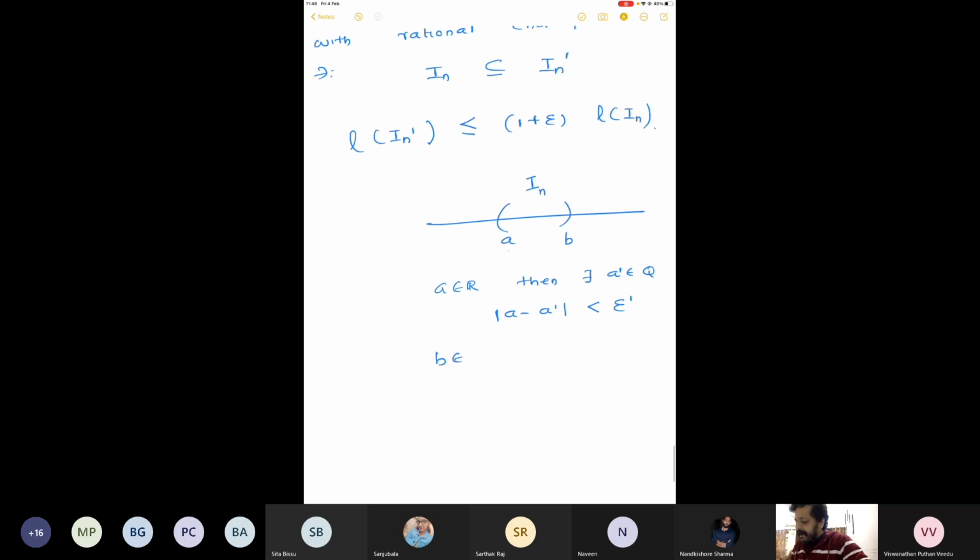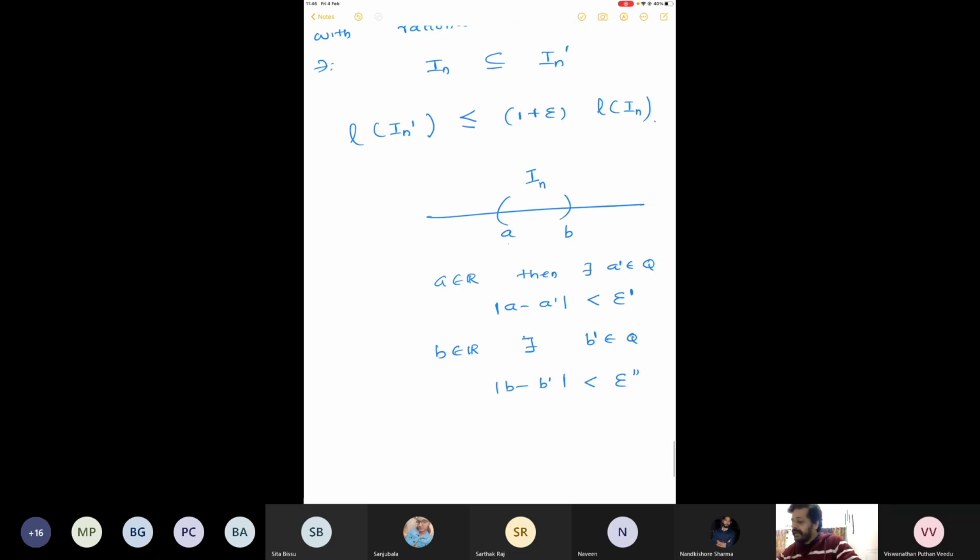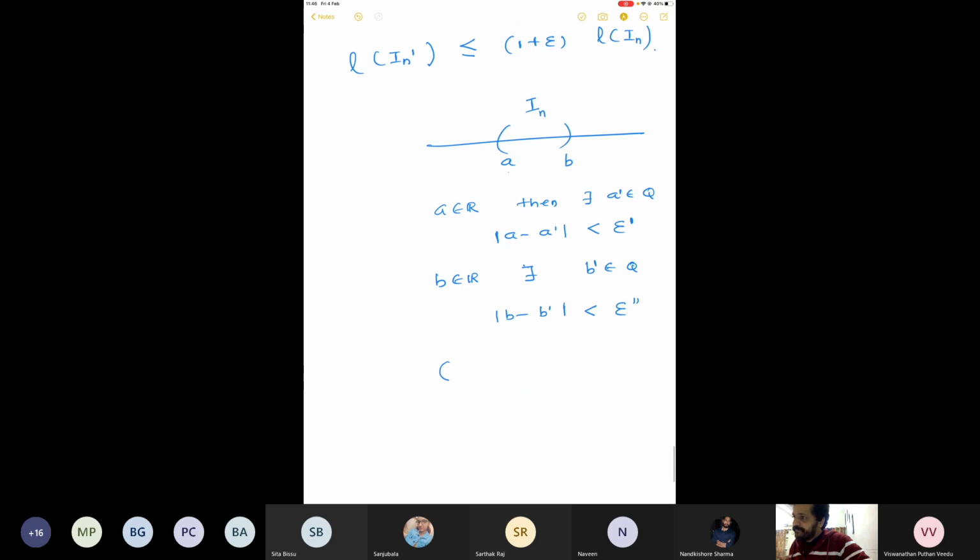And b is in R, so there exists b dash in Q such that the modulus of b minus b dash is less than, let us say, epsilon double dash, whatever epsilon dash and epsilon double dash you are taking. Now you consider a dash, b dash.